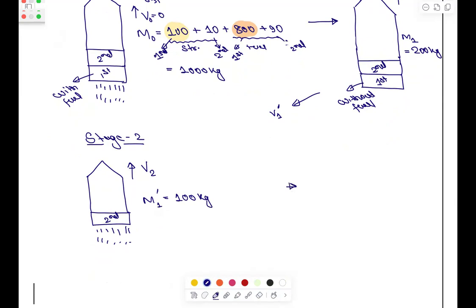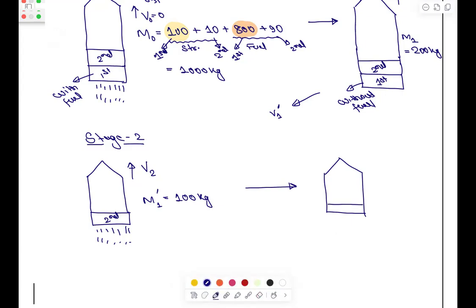And now what will happen? So it will be in this position that it will be exhausting, and it gets off the second part. ठीक है, that means no fuel is there.